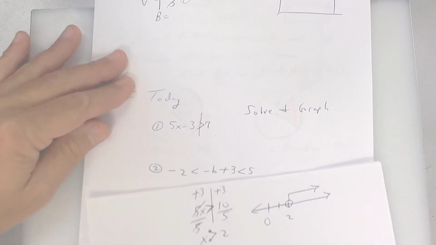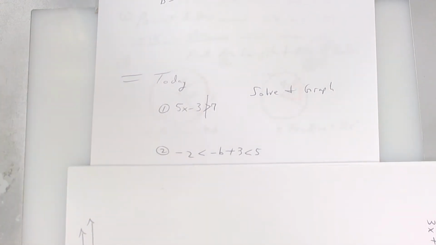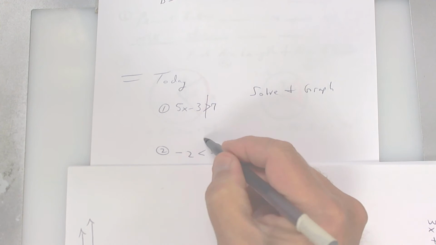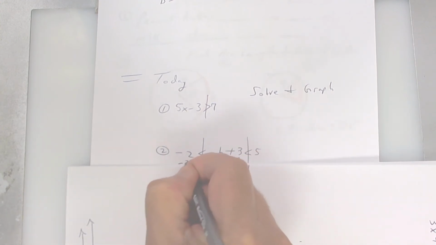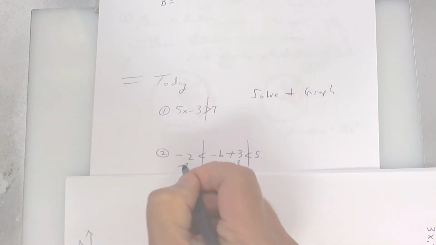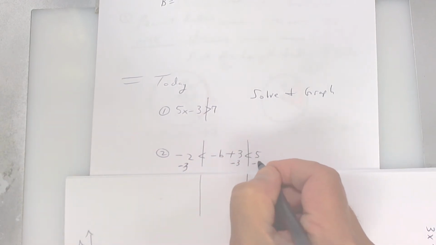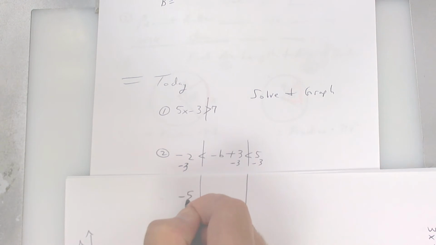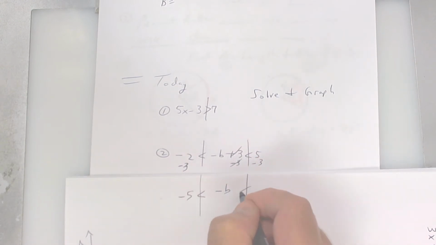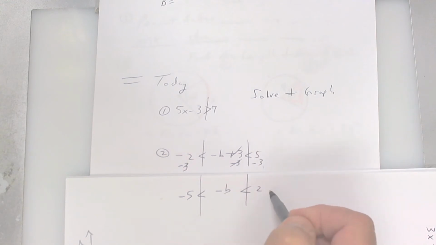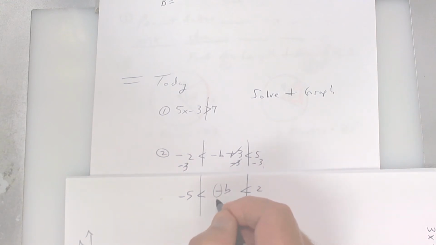All right, let's try another one. This one right here is a compound inequality. Draw 2 lines. You're going to subtract 3 from all 3 parts here. When you do that, you get a negative 5 is less than negative b, because this cancels. And then less than 2, 5 minus 3. Here you're going to divide by a negative.